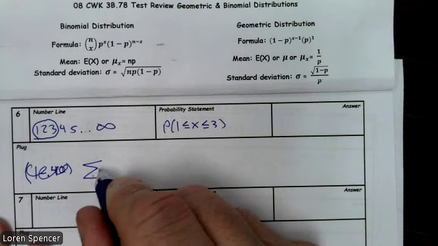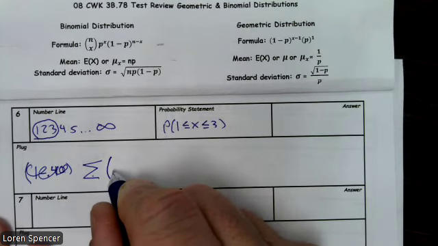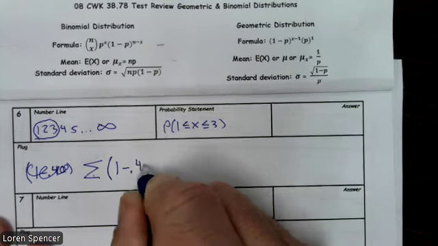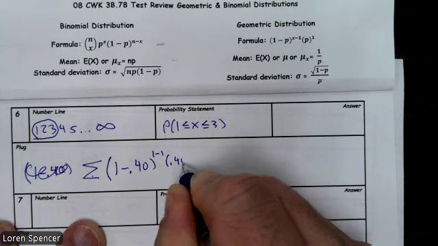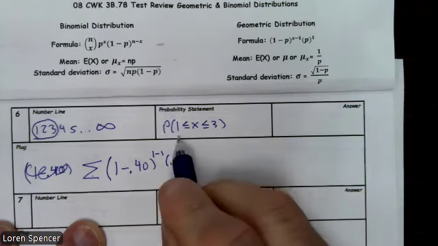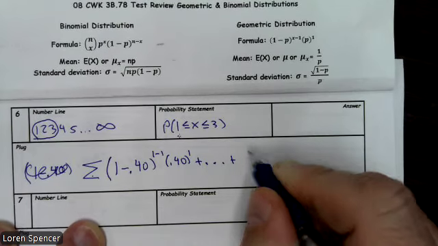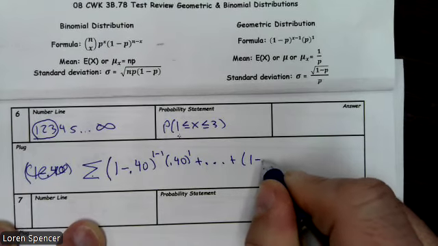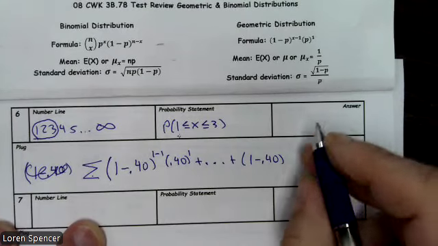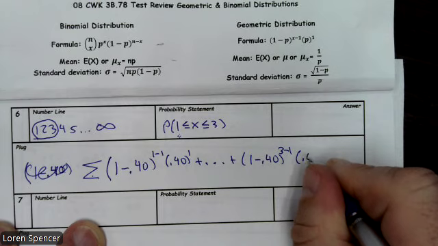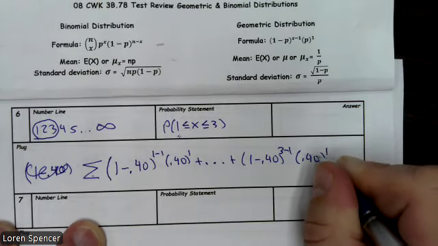So I have multiple values, so I'm going to put a summation, and I'm going to go 1 minus 0.40 to the 1 minus 1 times 0.40 to the first. So that's the first one. That's our first value. Plus dot, dot, dot, plus 1 minus 0.40 to the highest value. So 3 minus 1 times 0.40 to the first.